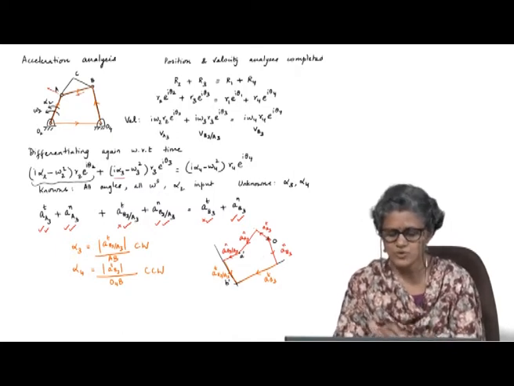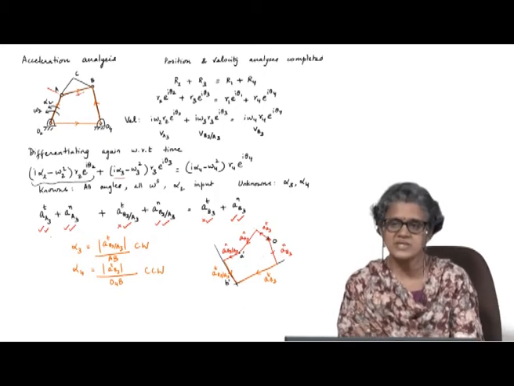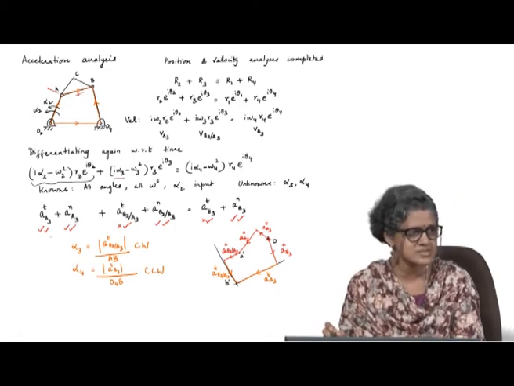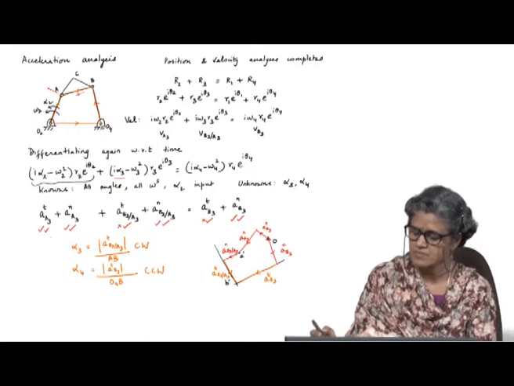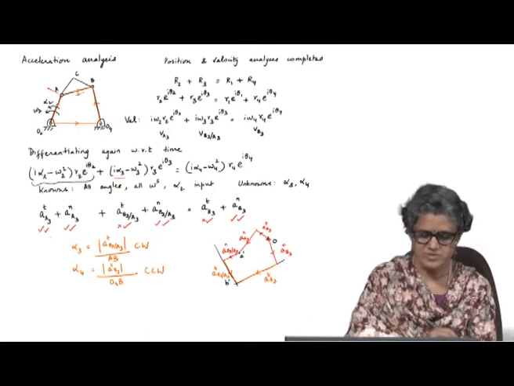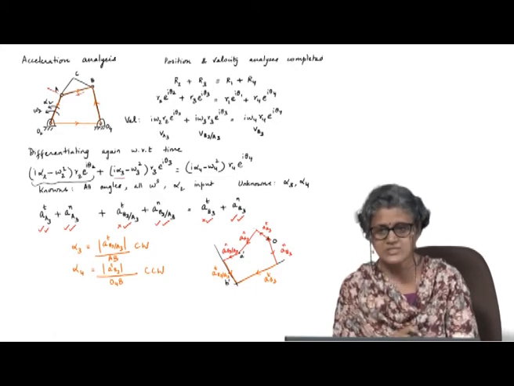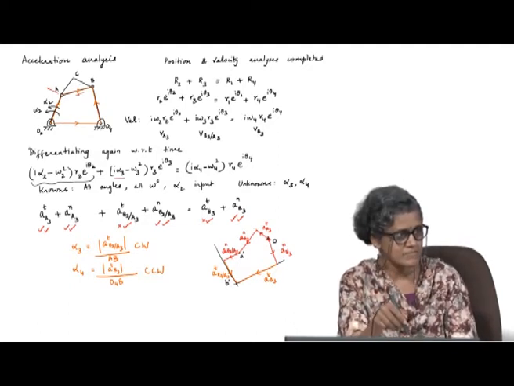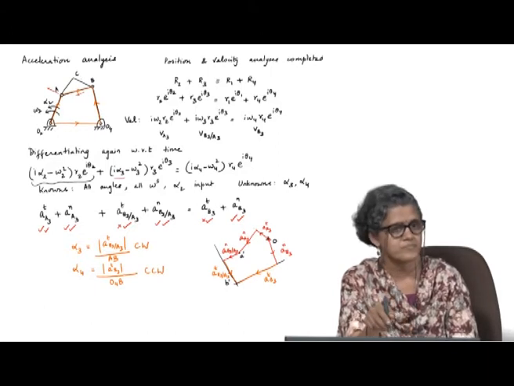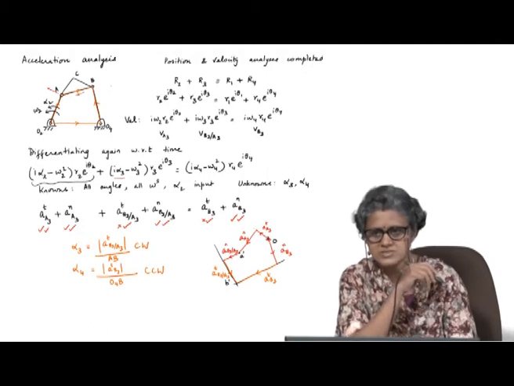Okay. So although there are 6 terms in the acceleration equation, all the normal components are completely known from the velocity analysis. Okay. So you can solve this equation, but just as we saw for velocity image, right, once I know alpha 3, I can basically find the acceleration of any point on this.